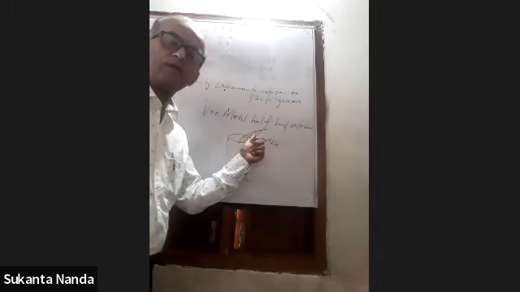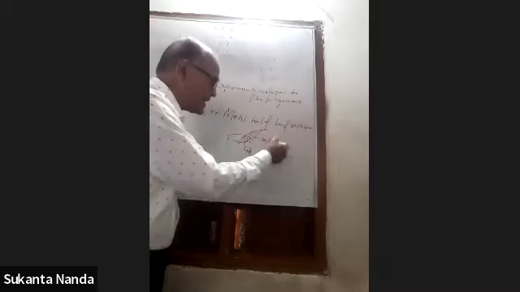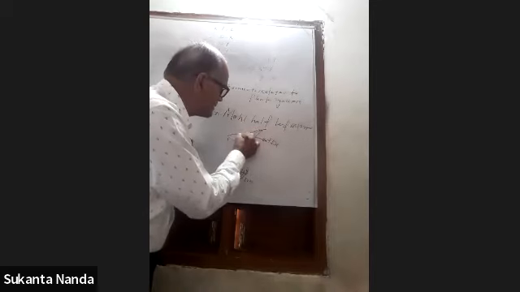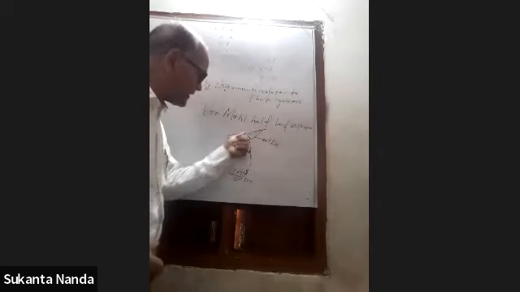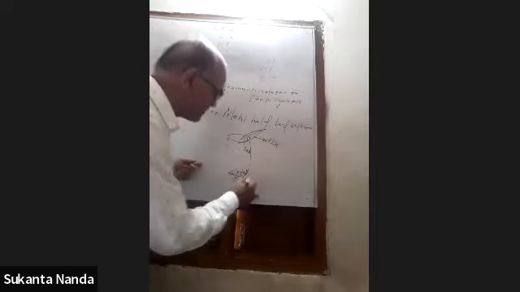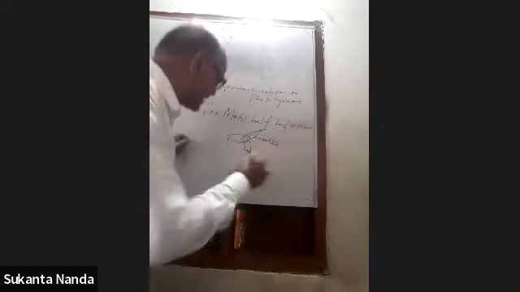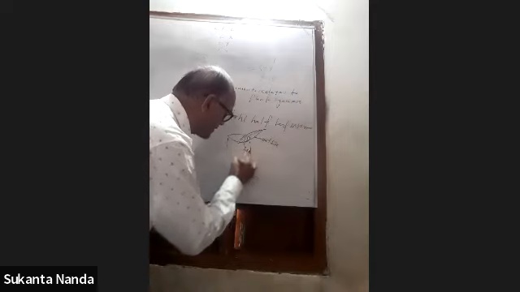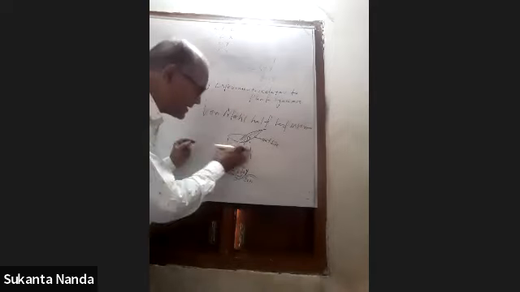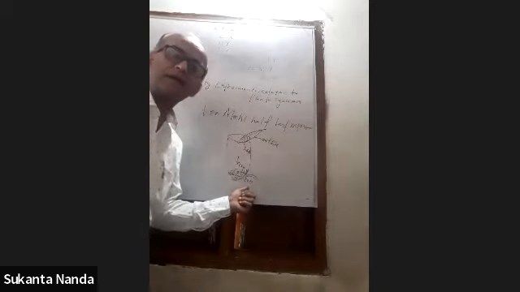The parts exposed to sunlight will carry out photosynthesis. But this part is inside, and here there is potassium hydroxide. Potassium hydroxide will absorb carbon dioxide. Whatever carbon dioxide is there can be absorbed by the potassium hydroxide.